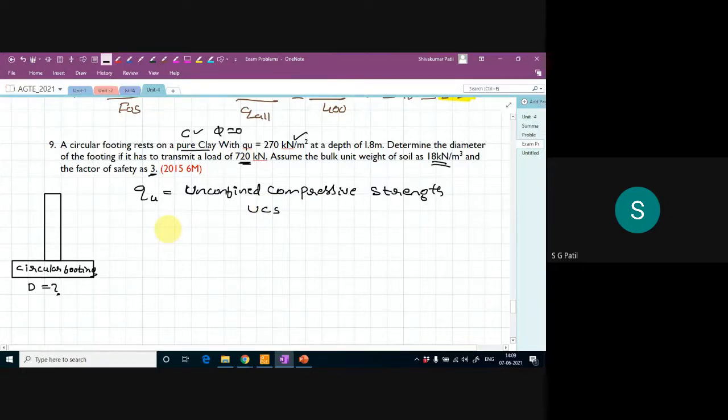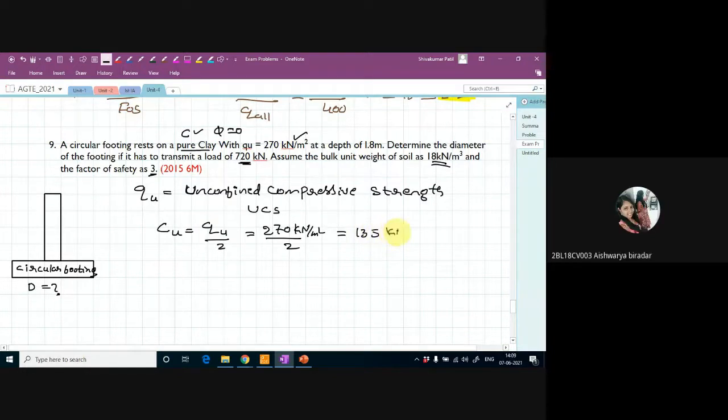From this QU, I can calculate the cohesion. This undrained cohesion I can calculate. Cu is nothing but half of your QU. So 270 kilonewton per meter square divided by 2. How much? 135 kilonewton per meter square.